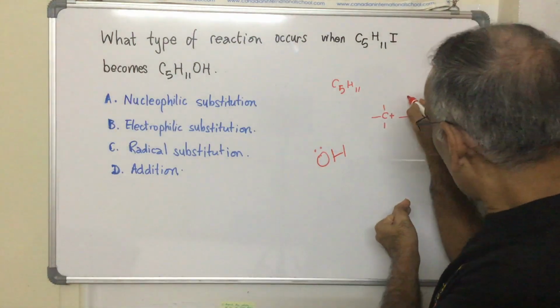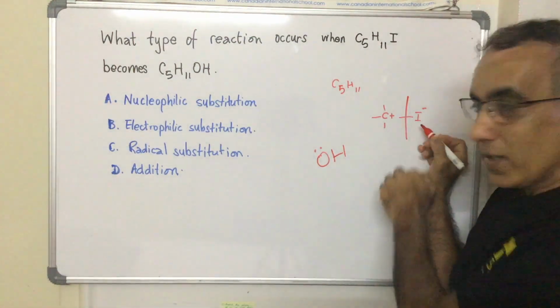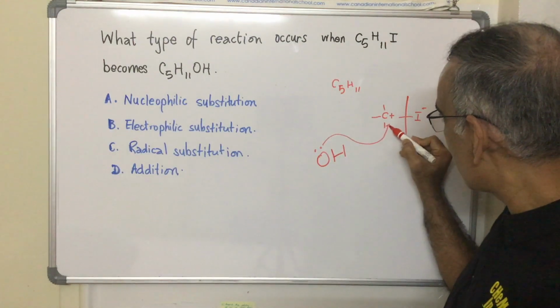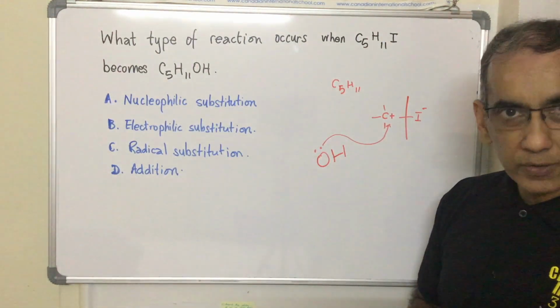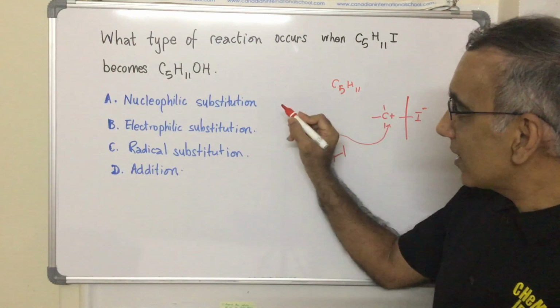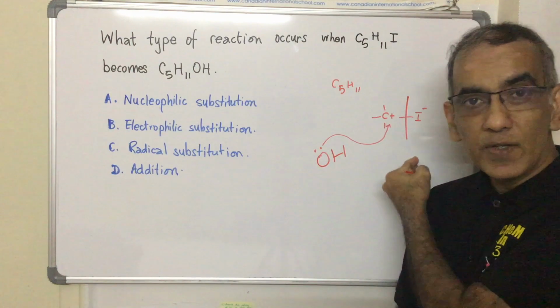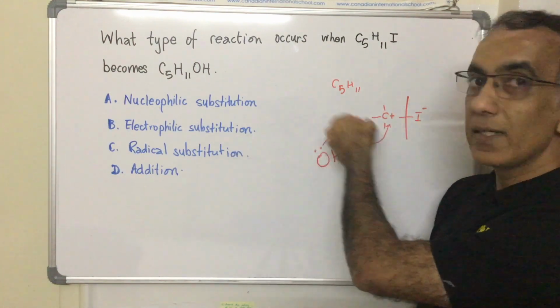This here would be lost, giving this positive center with the carbon, which can then accept this lone pair of electrons. That is an example of a substitution because the halogen group leaves and the OH takes its place.